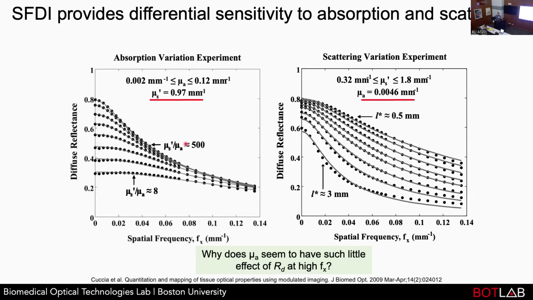And so the high spatial frequency is uniquely more sensitive to scattering, well, I wouldn't say more sensitive, meaning that it's more specific to scattering, because there's no way you're going to have sensitivity to absorption, because that carrier frequency is lost because of spatial dispersion, scattering-based dispersion.